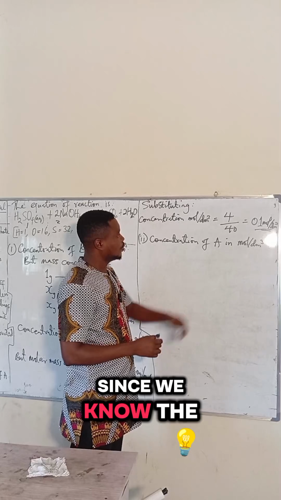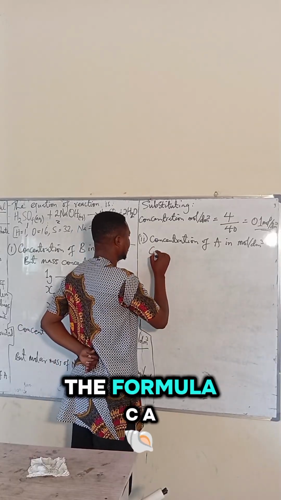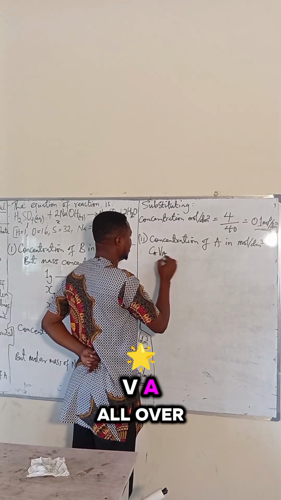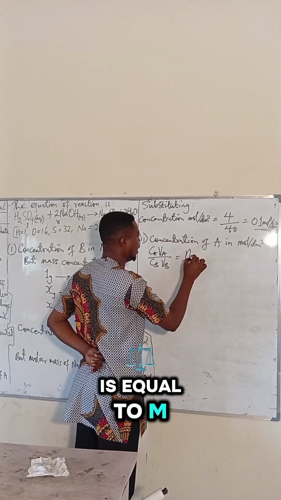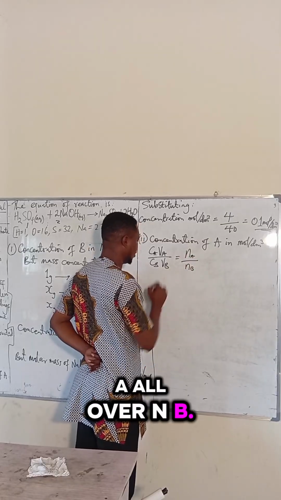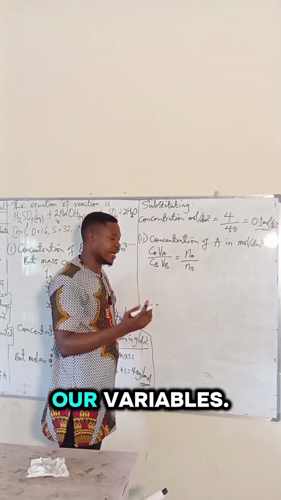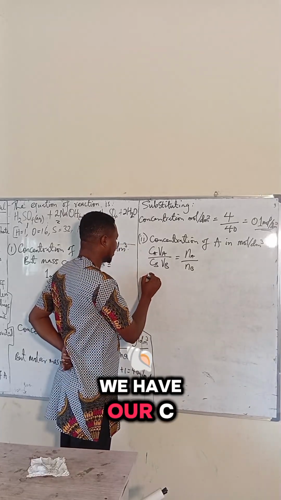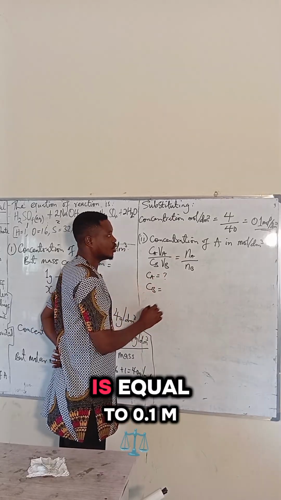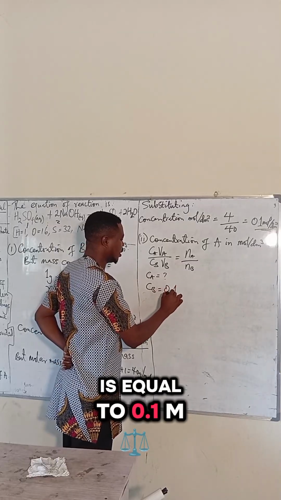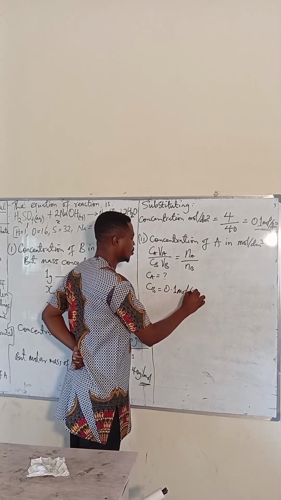Since we know the molar concentration of our B, we can now use the formula CAVA all over CBVB is equal to NA all over NB. Next, let's write out our variables. We have our CA is what we are looking for. CB is equal to 0.1 mole per dm cube.